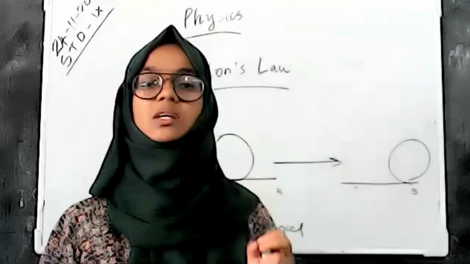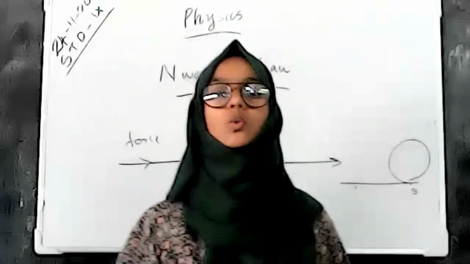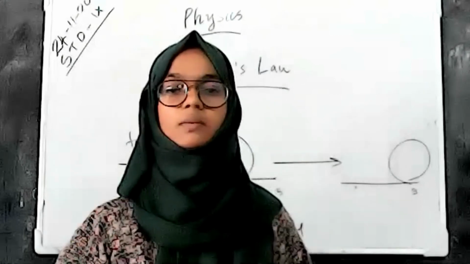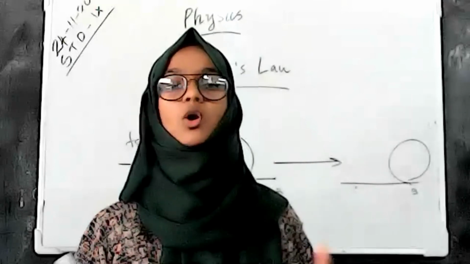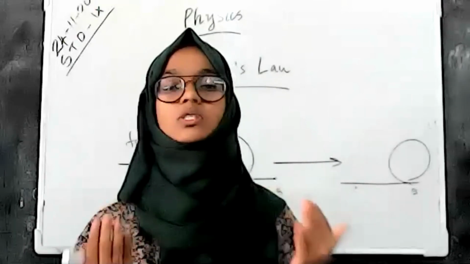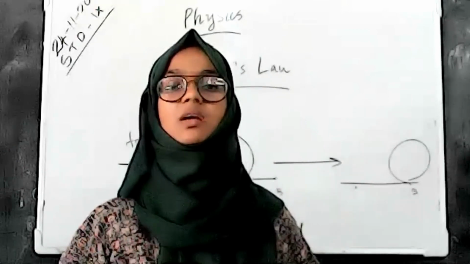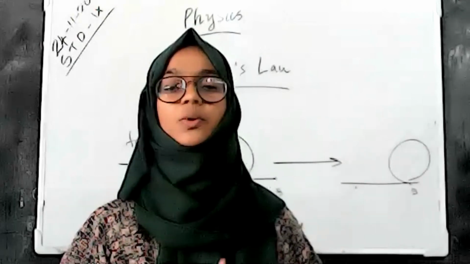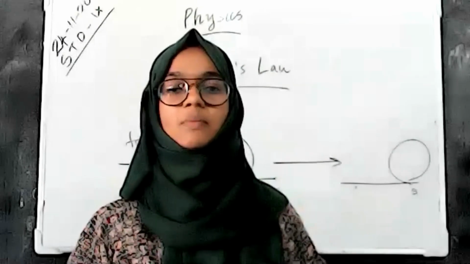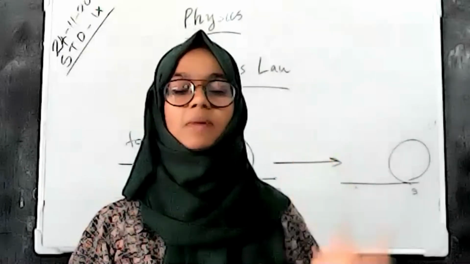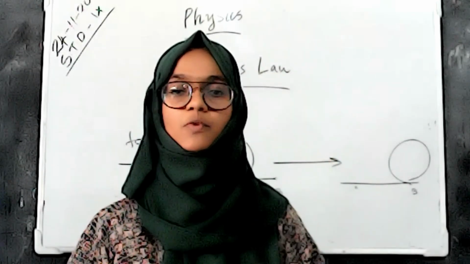It cannot change the state of rest or uniform motion of a body. But an unbalanced force is a force acting in the opposite direction and the forces are unequal. That's why the force can do work. So there are many examples of balanced force and unbalanced force.